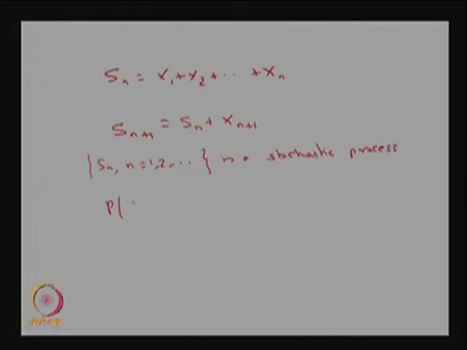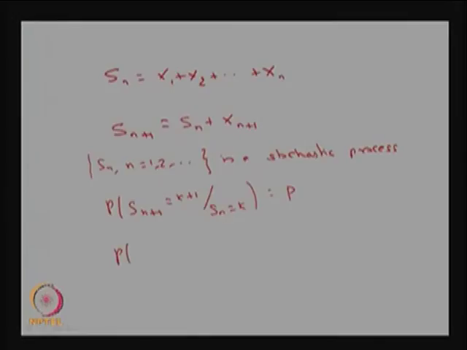Now we can come to the conclusion about the probability. The probability that Sn plus 1 is k plus 1, given that Sn was k, means the head appeared in the n plus 1th trial, and that probability is p.